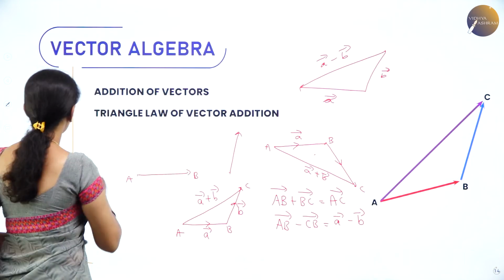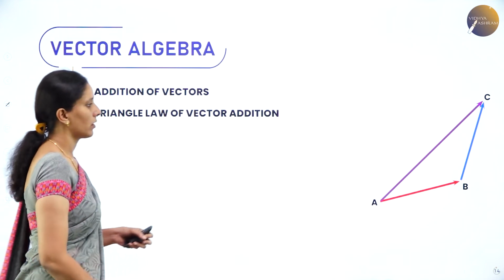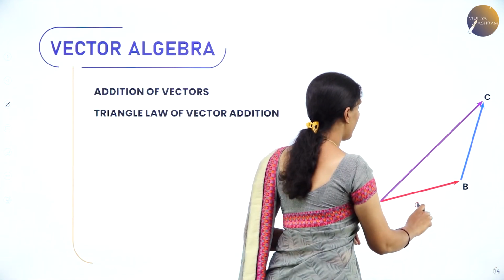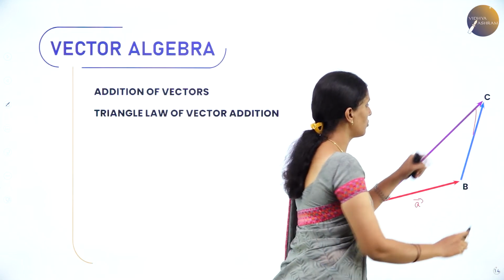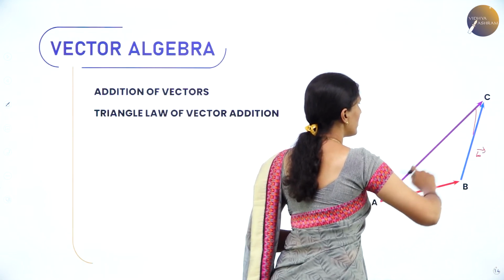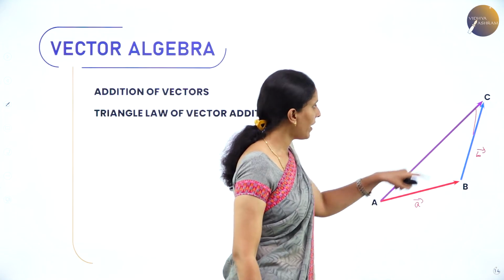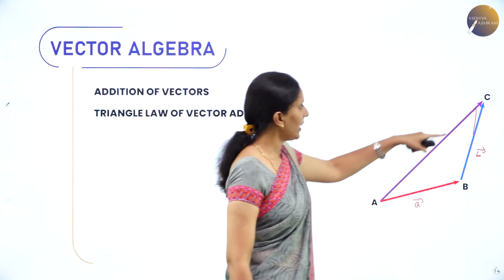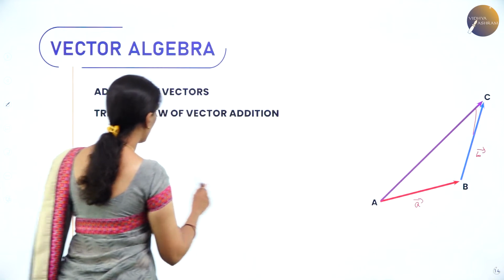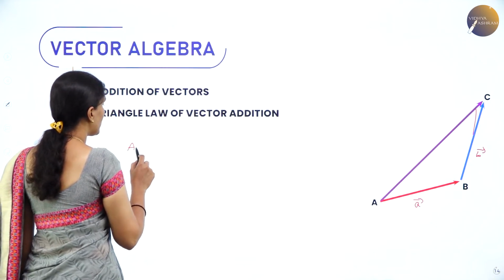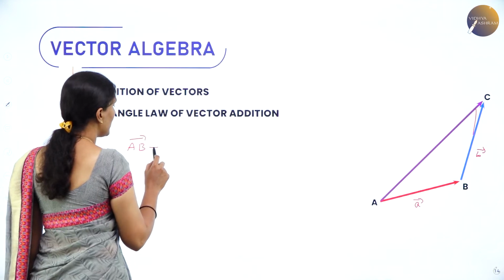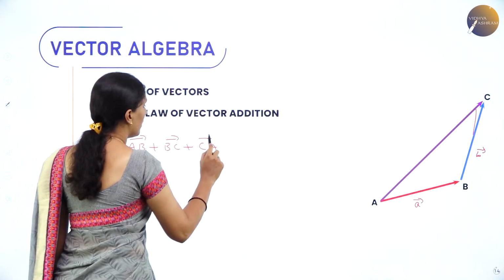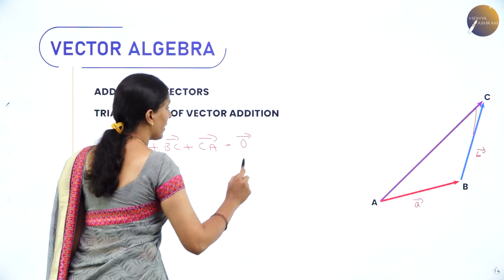Now, clearly see, this is the direction of vector A and this is the direction of vector B. Now this is the direction of vector C. If I change the sign of the third side, that is, if I take a vector from C to A, then vector AB plus BC plus CA will always be a null vector.